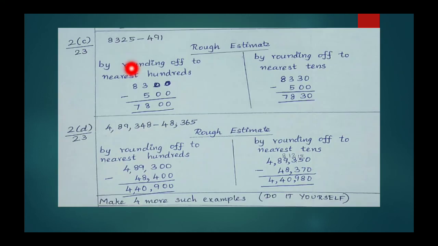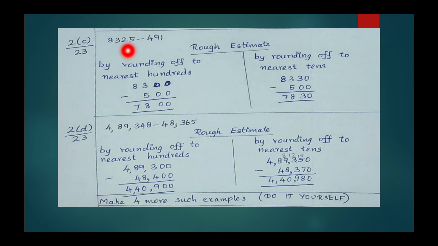To see from page number 23, 8,325 minus 491. By rounding off to nearest hundreds, write 8 as it is. 325 lies between 300 and 400.